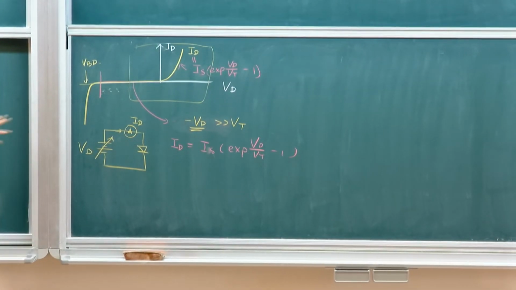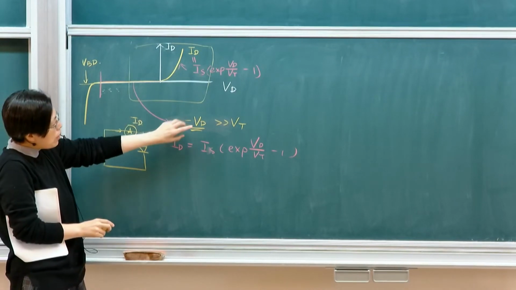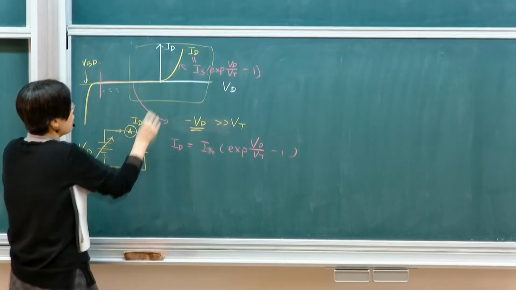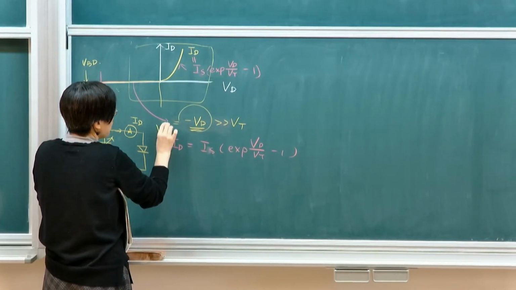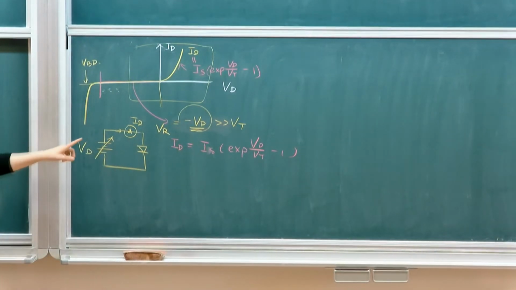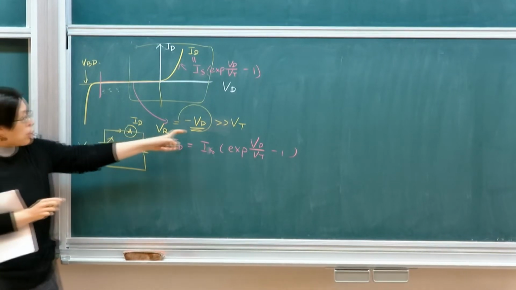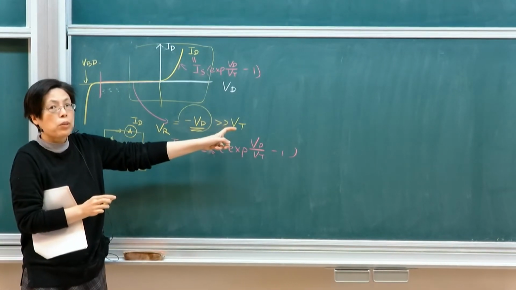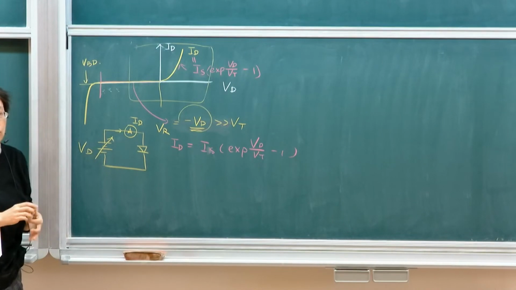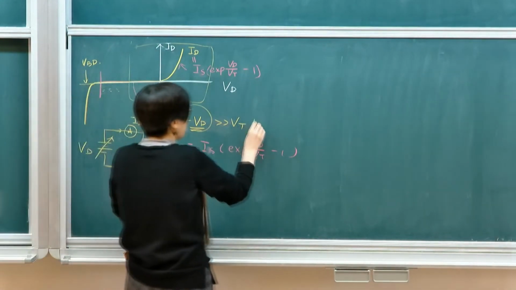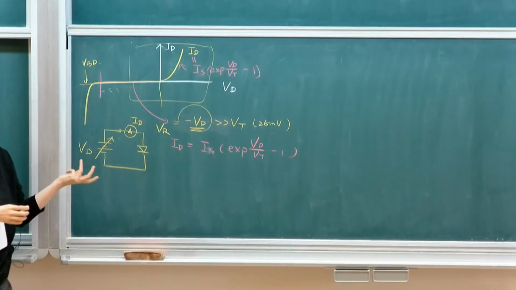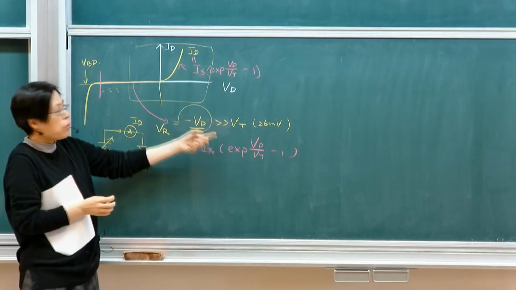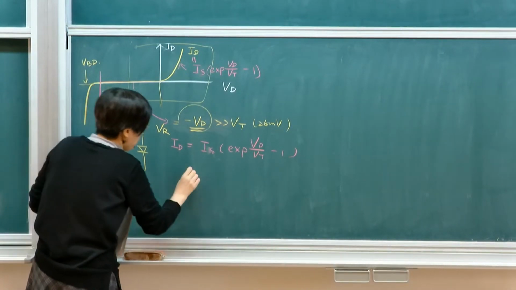This is a problem with the minus sign. So if you're in this region where you're in reverse bias, or if you want to use the positive, this VR, is much, much larger than VT. Remember, VT is only how much? Yes, this is only 26 millivolts. So if I'm applying, for example, -1 volt, it will be much larger.